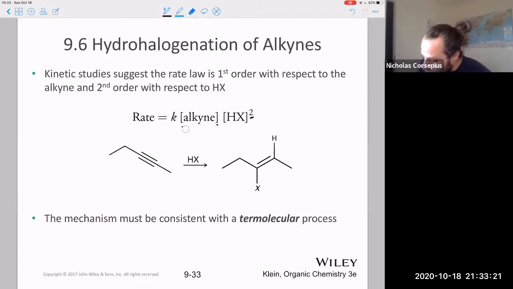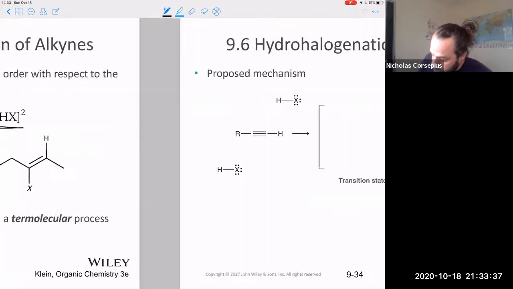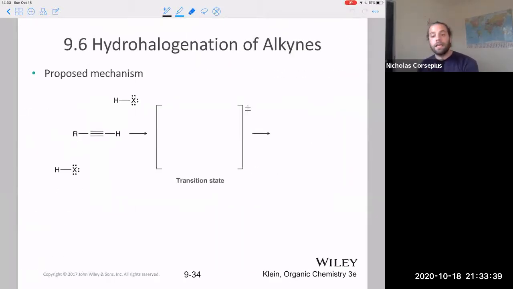That means that in the reaction mechanism, a collision takes place between 1 molecule of alkyne and 2 molecules of your hydrohalide, for example HBr. Two of those hydrohalides are involved in that first step. So 1, 2, and then your alkyne, that's the third player here. And this is all going to happen all at once.